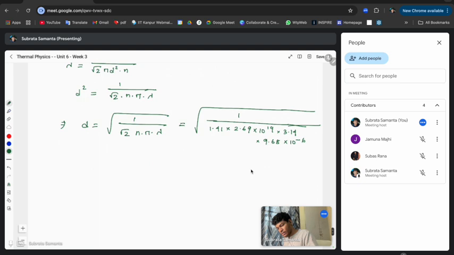So it gives 3 times 10 to the power minus 8 centimeter. This is the value of d.